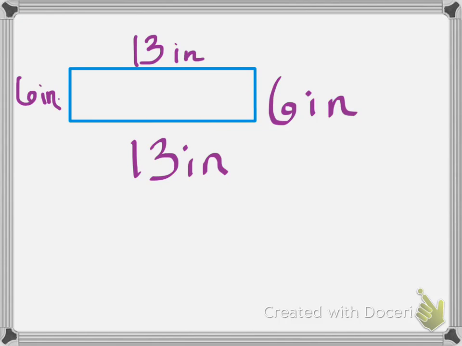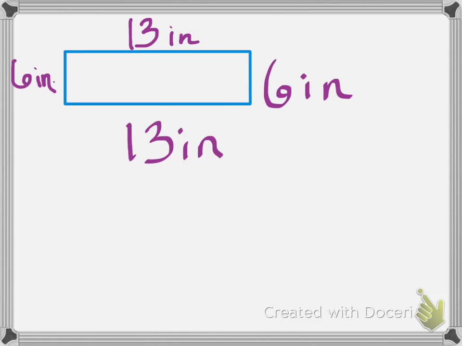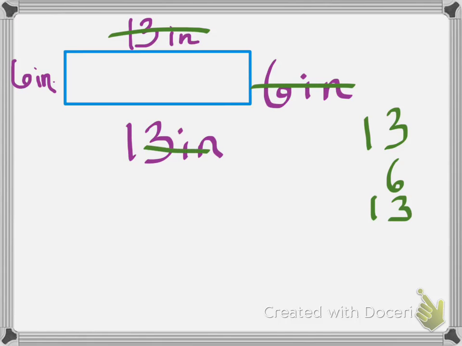And now all we have to do is add up those four sides. So let's go ahead and add them up. We have 13, cross it off because you used it, 6, cross it off because you used it, 13, cross it off because you used it, and 6, cross it off because you used it. And then add them all together.